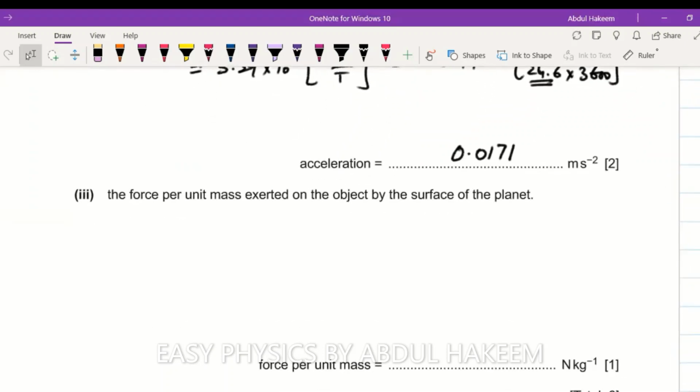Now the force per unit mass exerted on the object by the surface of the planet. So according to this formula, the force of gravitation is equal to the centripetal force plus the weight of the object. So the force of gravitation minus the centripetal force is equal to the weight. This is actually the force experienced by the object from the surface of the planet.